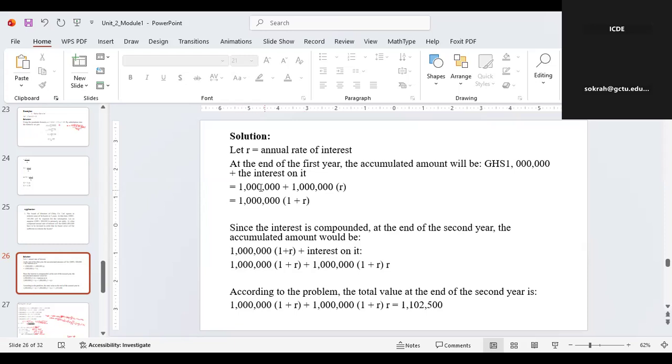So the principal is 1 million. Now plus the rate. So the rate will be 1 million, that's the principal, times the rate for 1 year. You know, simple interest is principal times time times rate. So that will be what? 1 million, which is the principal, times the time. The time is 1 year, so times 1, times the rate, which is R. We don't know, so it is R. I don't know if you have followed. Do you get it?